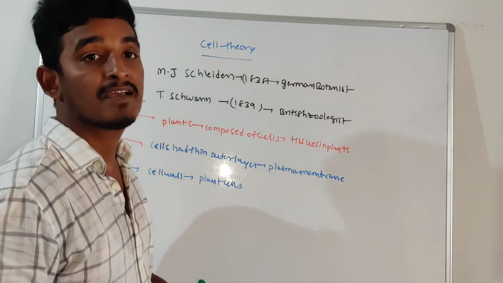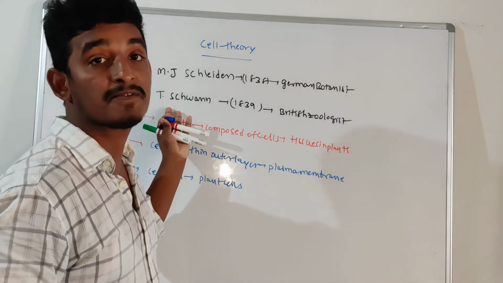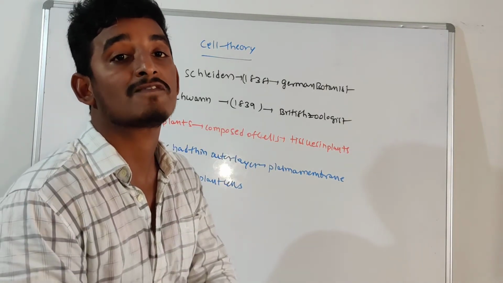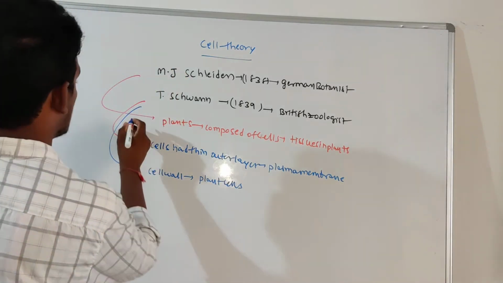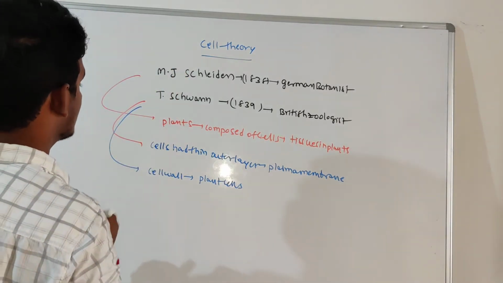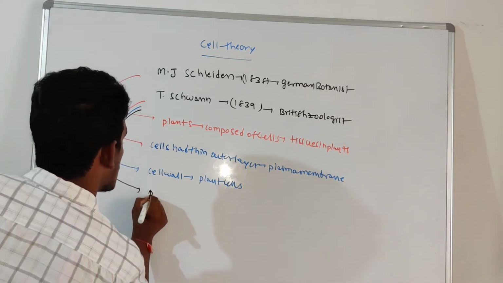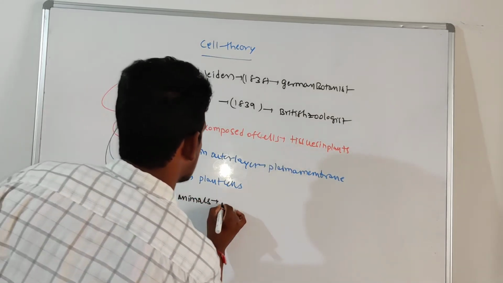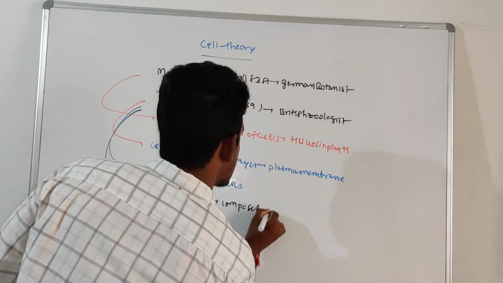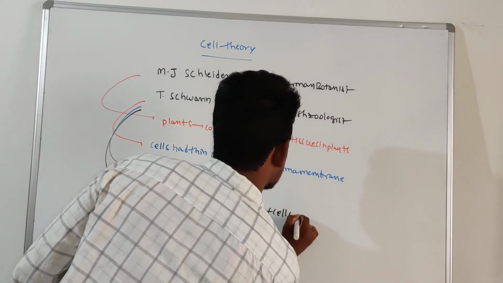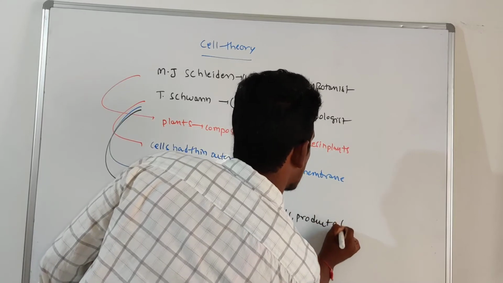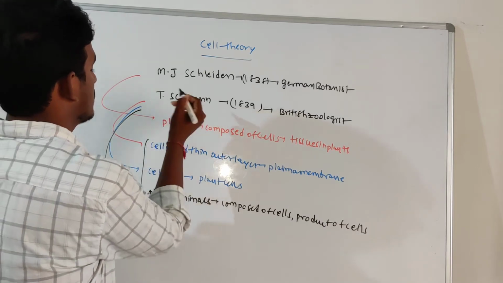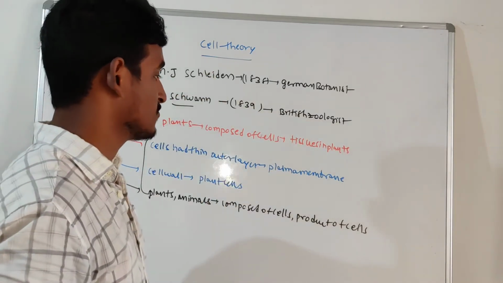And along with this, he told that both plants and animals are composites of cells and products of cells. So these three points were given by Schwann, and the earlier information was given by Schleiden.